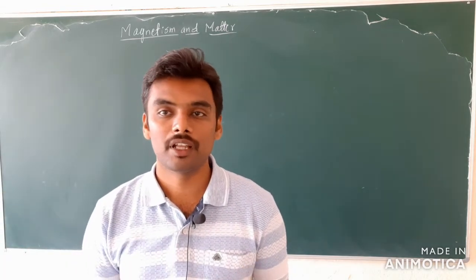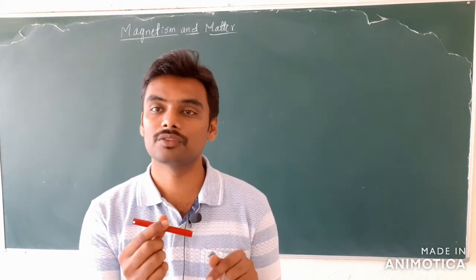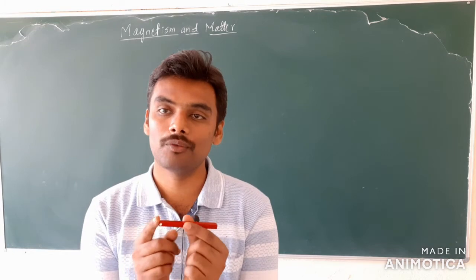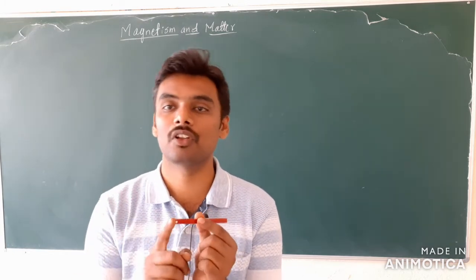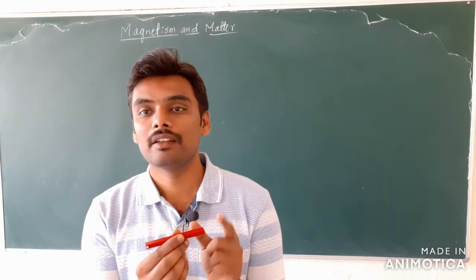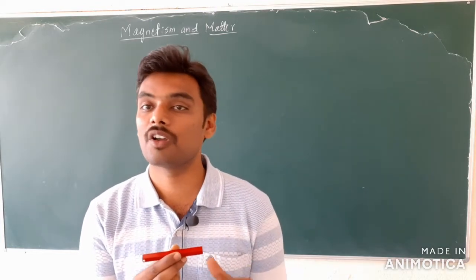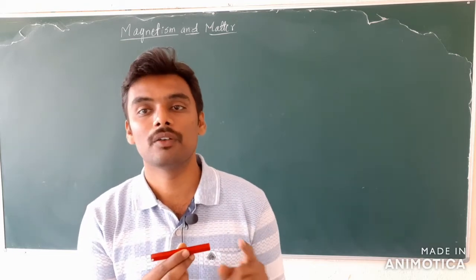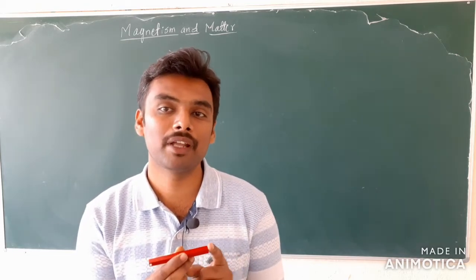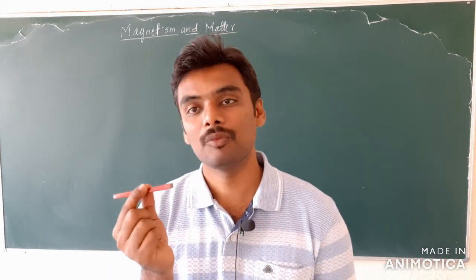We knew the directions, but the magnet aligned in that direction of north and south. So we named the pole directing towards the north pole as the north pole of the magnet, and the pole directing towards the geographic south pole of the earth as the south pole of the magnet. So this is about the bar magnet.